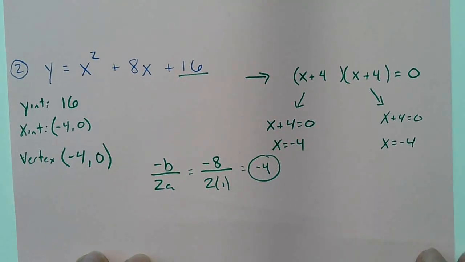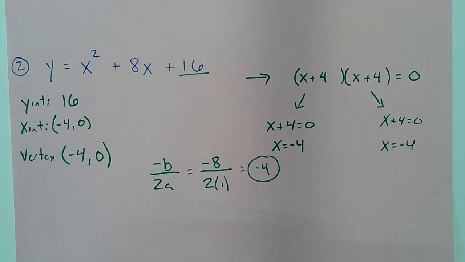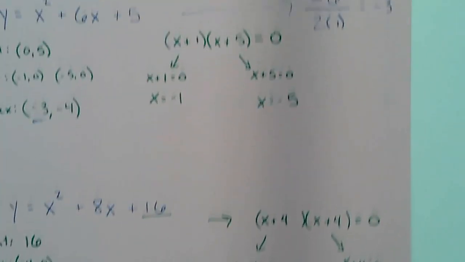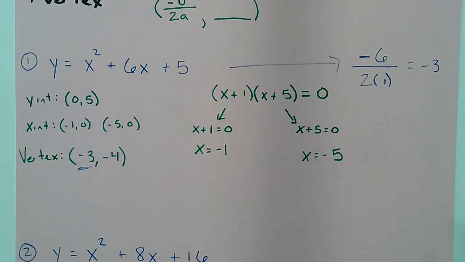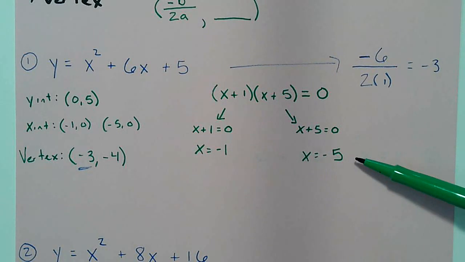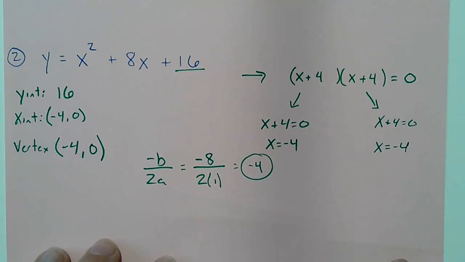And that's just a review of standard form and finding those 3 important pieces of a parabola or the function itself. It is important to note that in that first example, we had a factorable quadratic that gave us 2 x-intercepts. In number 2, we had a factorable quadratic that gave us 1 x-intercept.